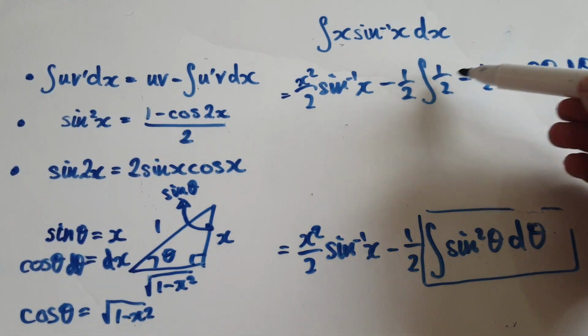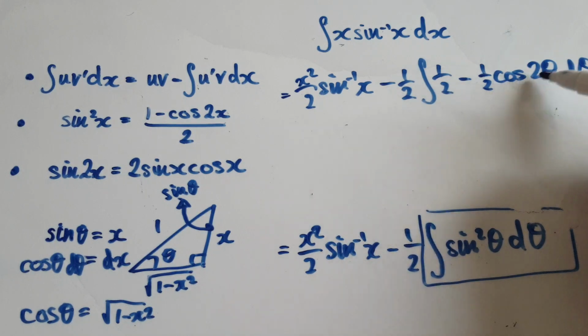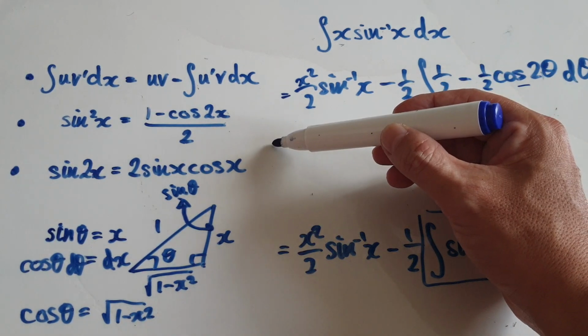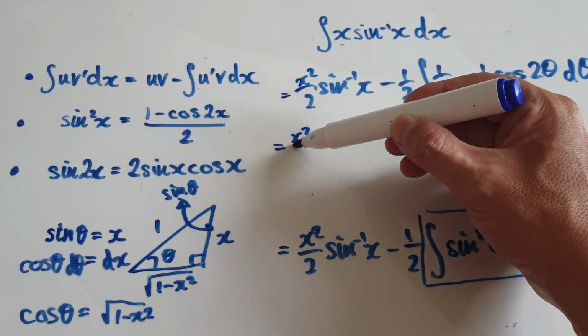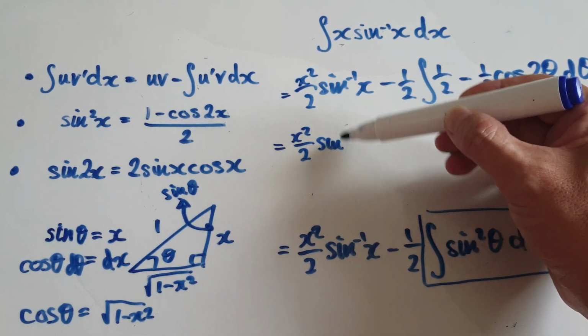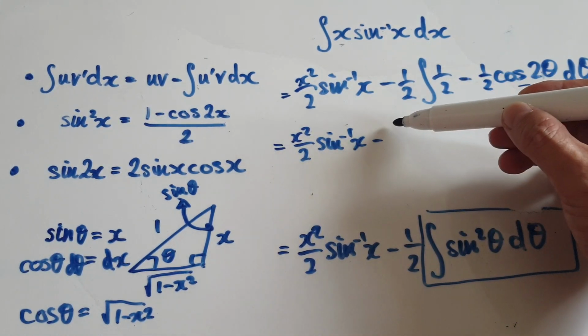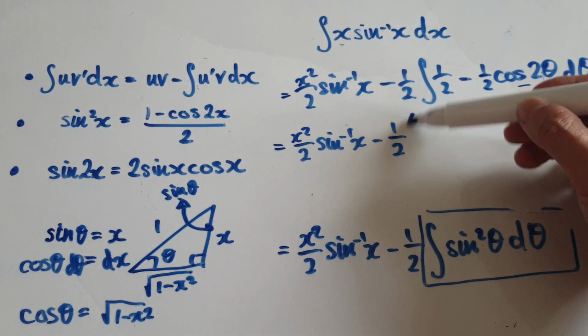Now this is easy to integrate. So this would then become x squared over 2 inverse sine x minus a half, and then bracket.